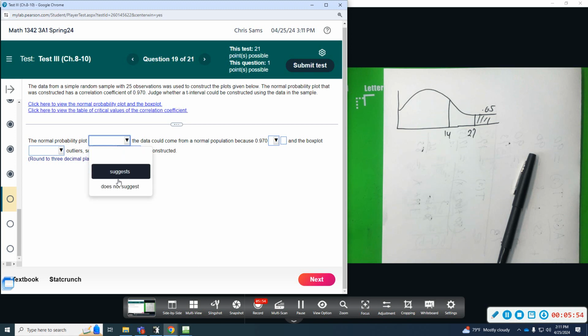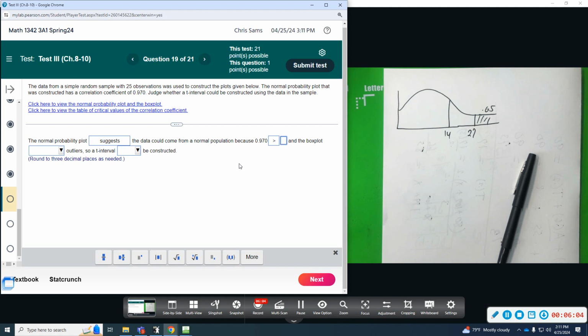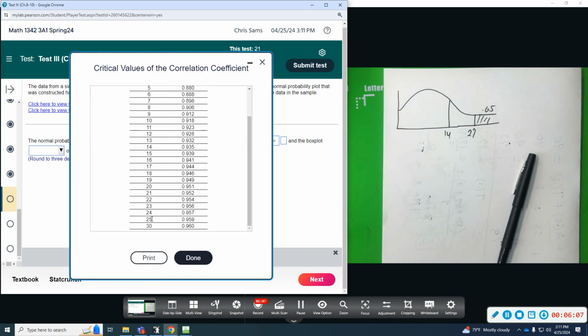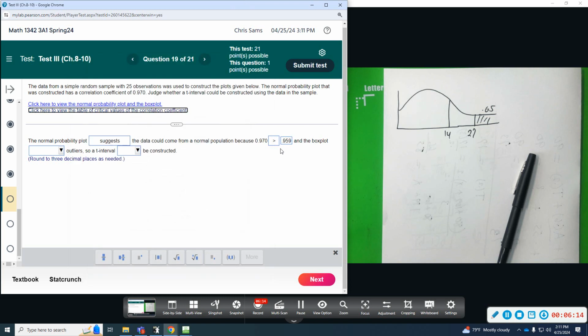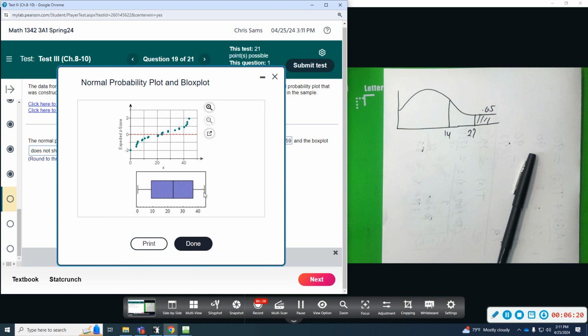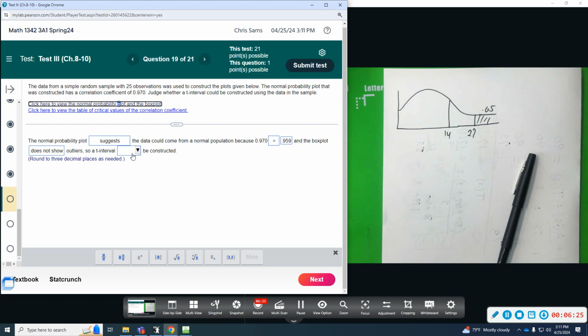So the normal probability plot suggests that the data comes from a normal population because the 0.970 is greater than the 0.959. And the box plot does not show, when looking at this, any outliers, nothing way bigger or way smaller. So the t-interval could be constructed. And so that's all we do there.